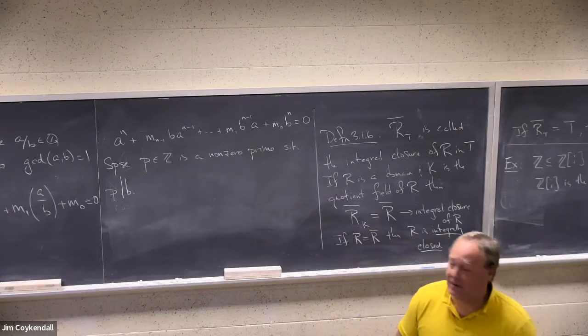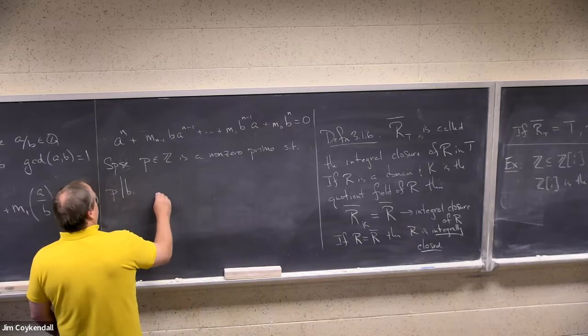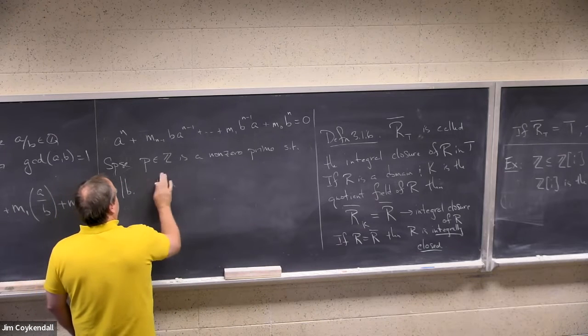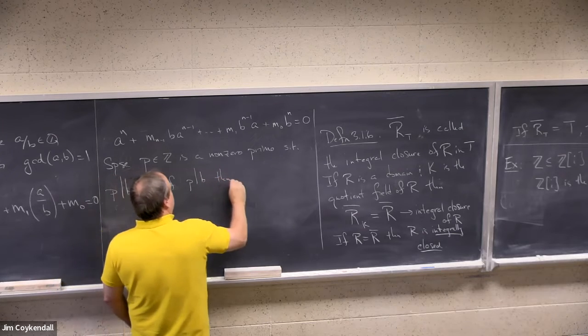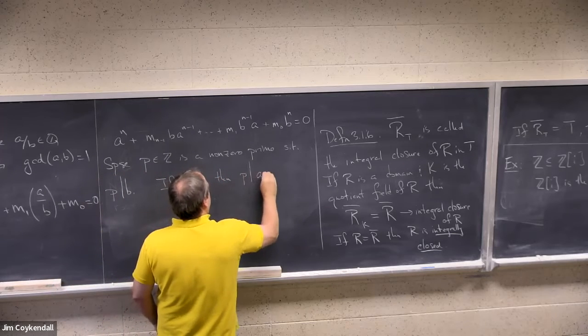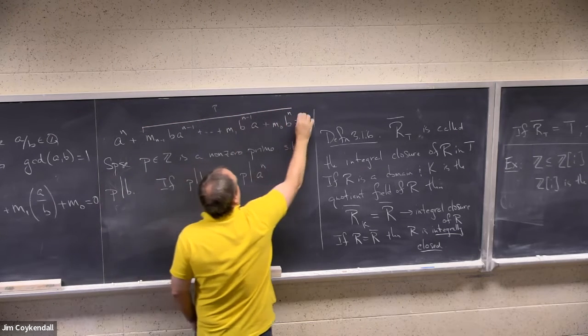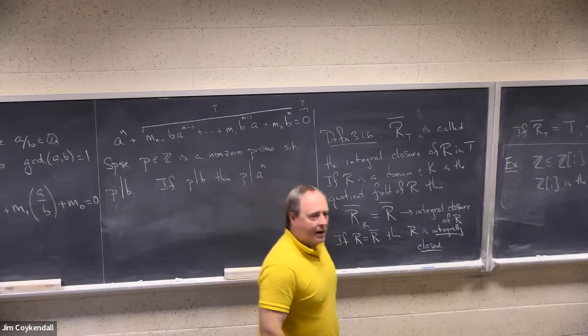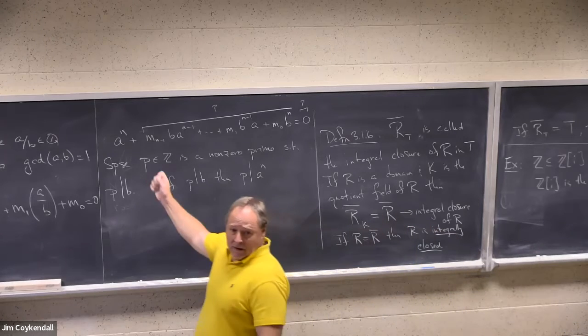B ain't 0. Well, this means if p divides b, then p divides a^n, right? Because this is divisible by p, and of course so is 0. So 0 is divisible by p, and most of that polynomial is divisible by p because it's all got a factor of b in it, correct? That means that p must divide a^n, correct?